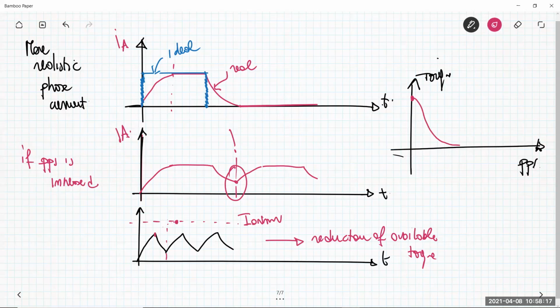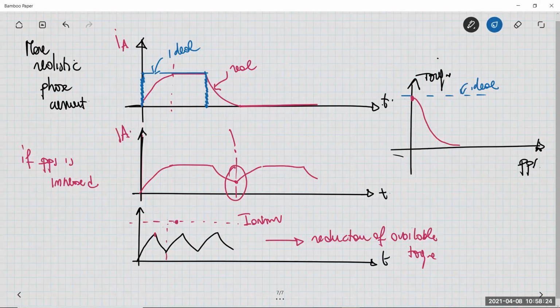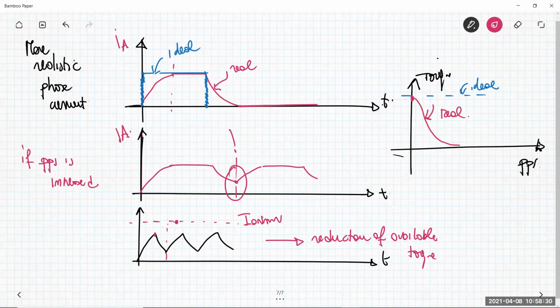So it's no more ideal like before, but is something like this. So that means that, depending on the driver, you can employ your stepper motor only for a very low range of pulses per second at the input side.